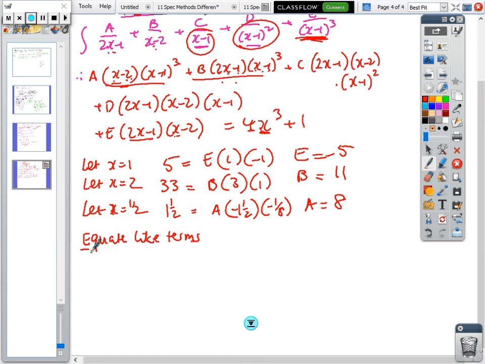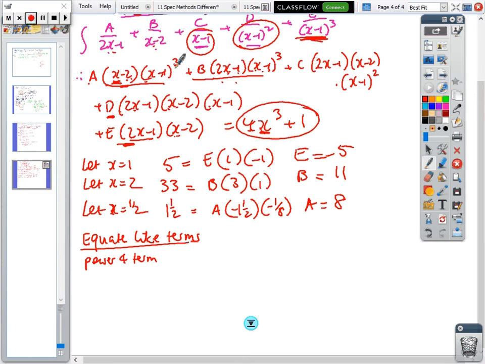Okay. So for the power 4 term, there is no power 4 term, but x times x cubed, so a is going to have a power 4, b is going to have a power 4, c is going to have a power 4, d is going to have a power 4. So they're all going to have it, with the exception of e. Actually, going back, d doesn't have it because that's got x and x and x.